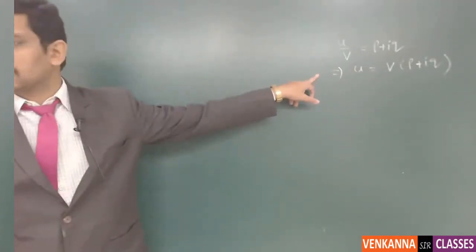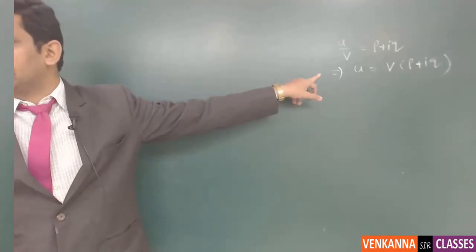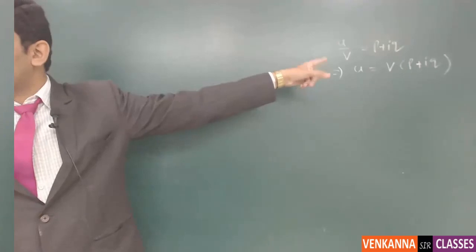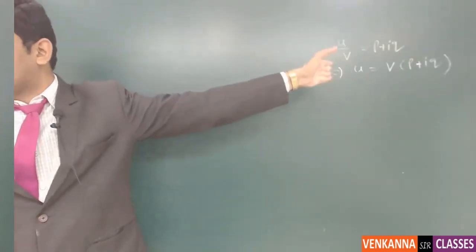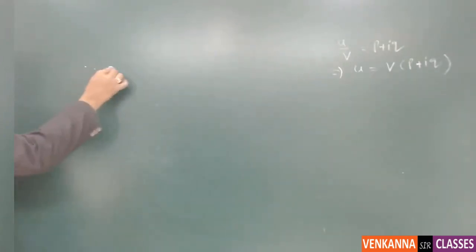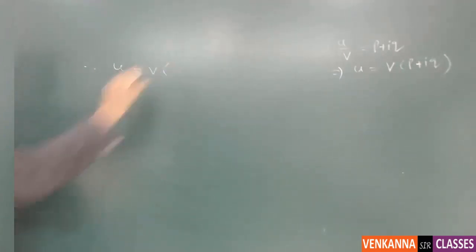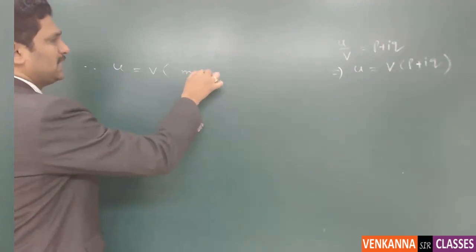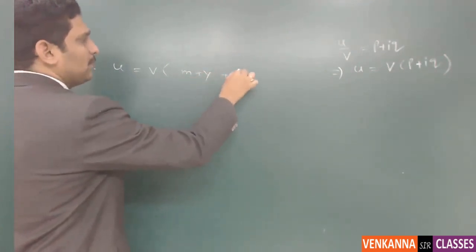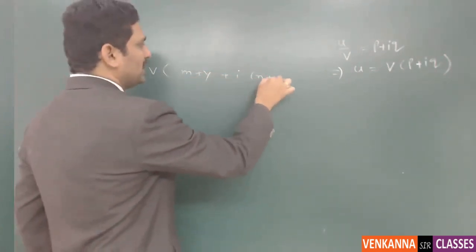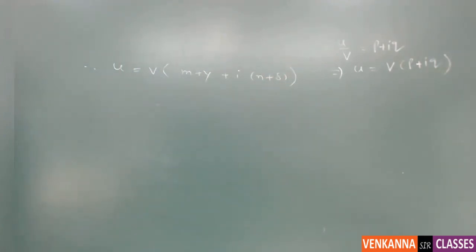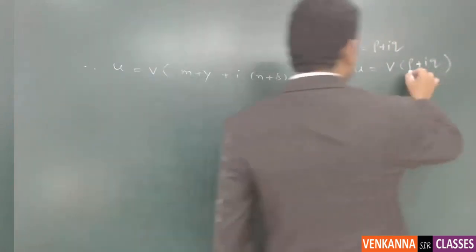So u is equal to v into p plus iq, we got already. You have a value for p, you have a value for q. Let us substitute them. Therefore, u is equal to v into (m plus gamma) plus i into (n plus delta). I have substituted the P value and Q value here.